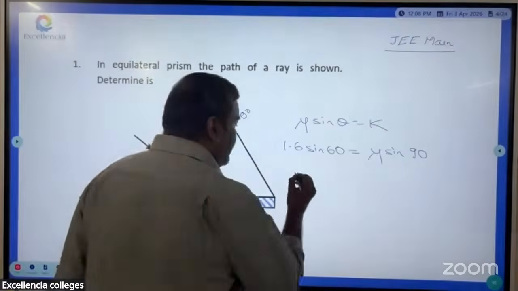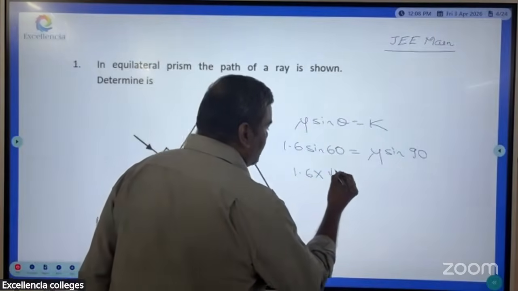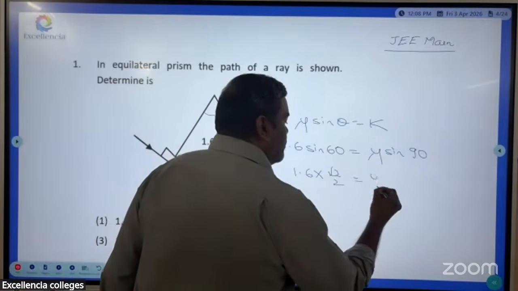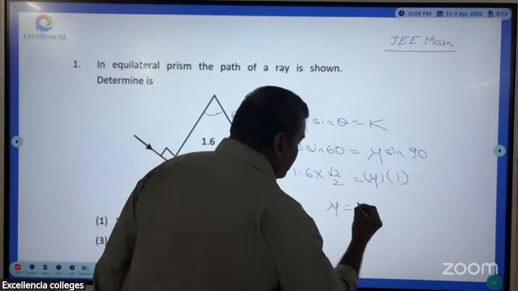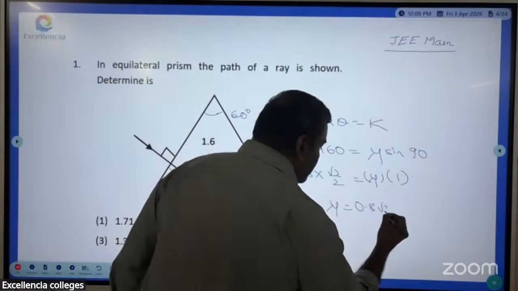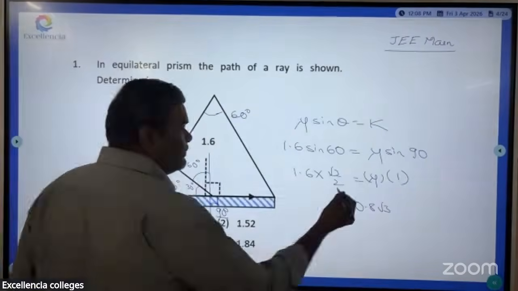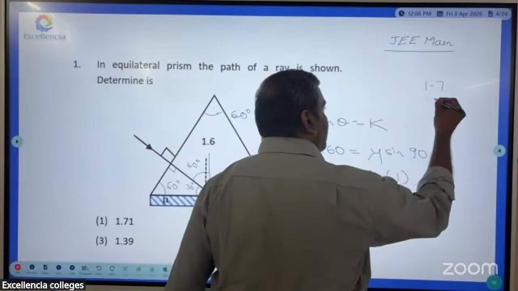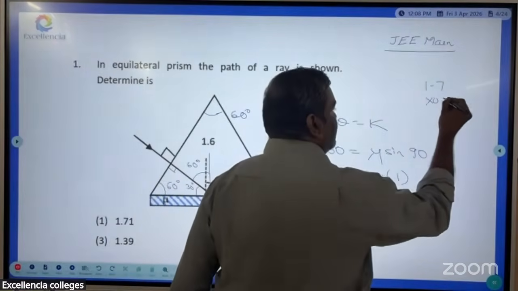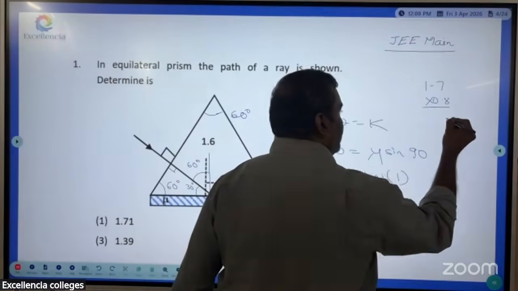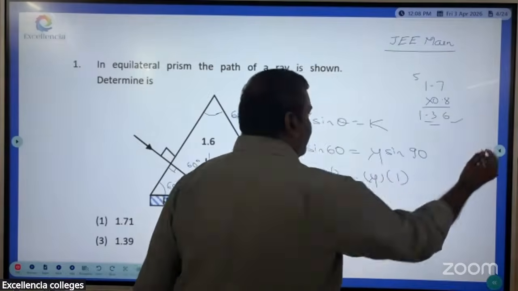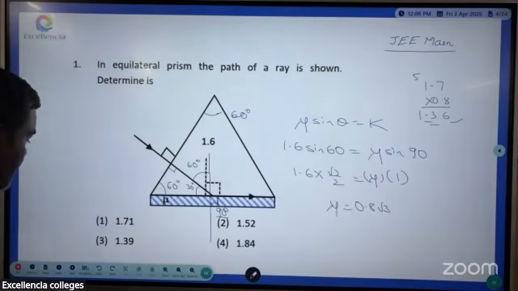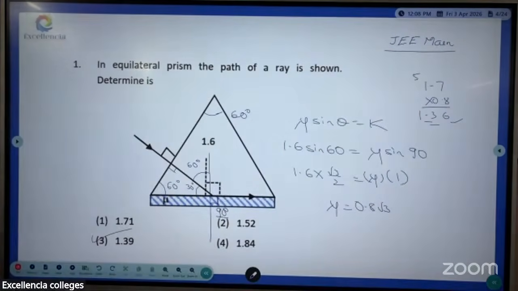If you simplify that, it becomes 1.6 into root 3 by 2 equals mu into sine 90, which is 1. So mu is going to become 0.8 into root 3. I'm getting roughly around 1.36, so the best possible match option is 1.39. So that's going to be the answer here.